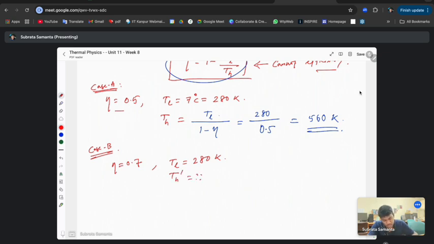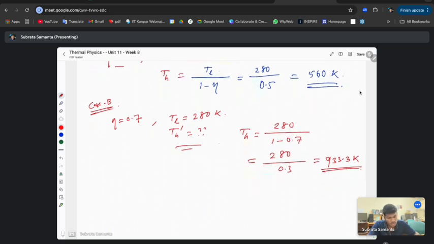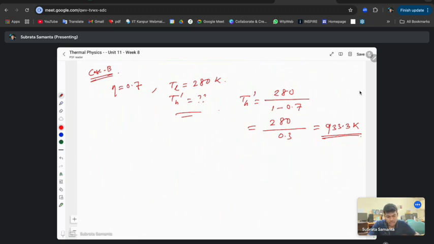So in this case, TH prime equals 280 over 1 minus 0.7, which is basically 280 over 0.3, which becomes 933.3 Kelvin. So this is basically TH prime.